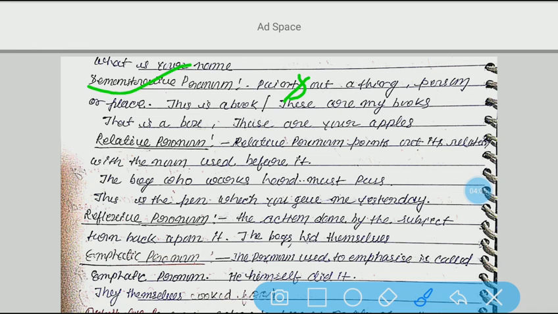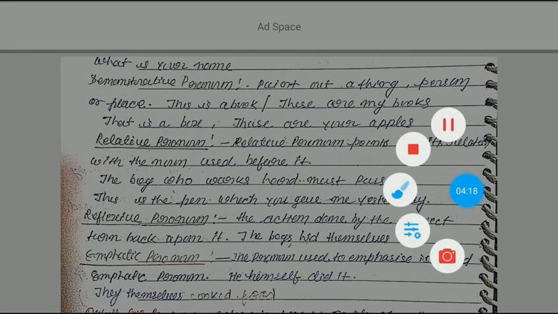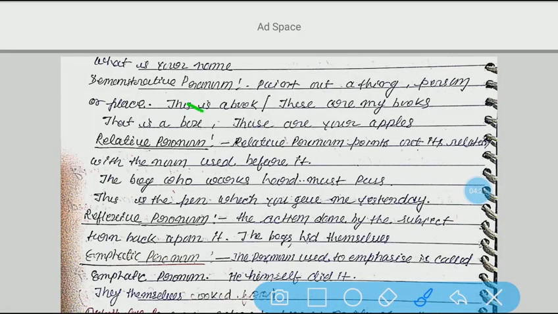Now see the example. This is a book. These are my books. This is used for the singular number and for a nearby object. These is used for the plural number and a nearby object.